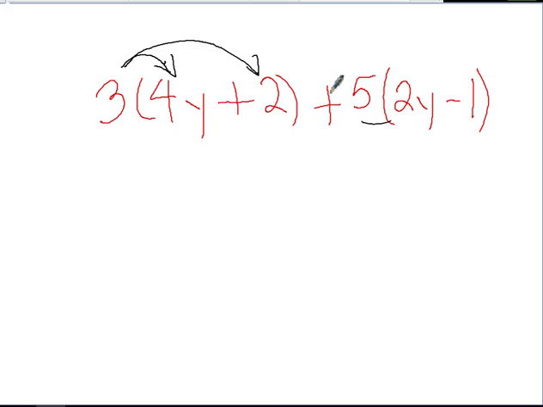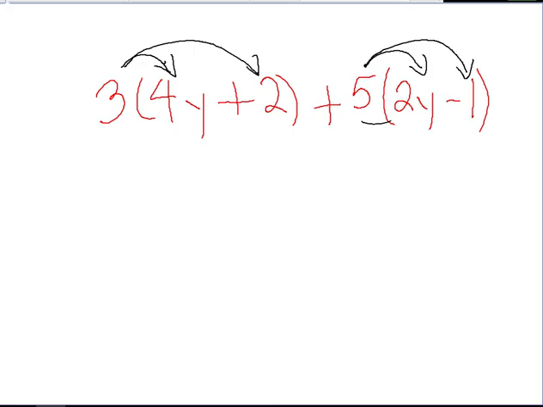This plus sign is a separator of this phrase and this phrase. But when I look at this phrase, this 5 is attached to parentheses, and inside the parentheses there are no like terms. The 2y and minus 1 are not like terms. They don't have the same last name. So I'm going to draw my arrows from the 5 to the 2y and from the 5 to the minus 1.